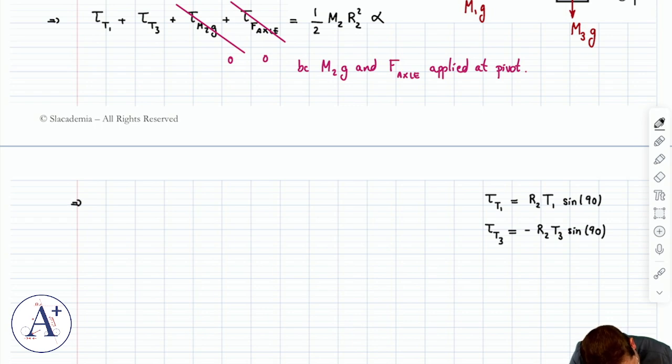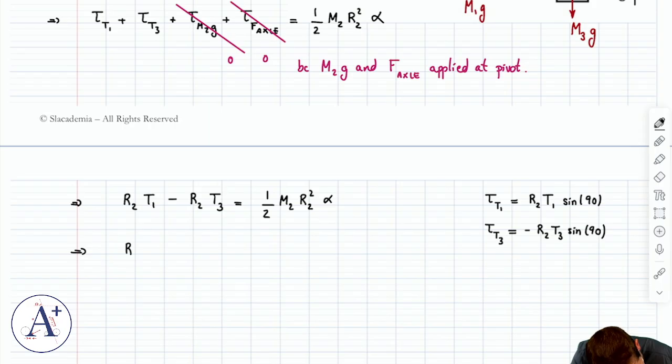It's going to be R2 T1 sine 90 is 1 minus R2 T3 is equal to 1/2 M2 R2 squared alpha.